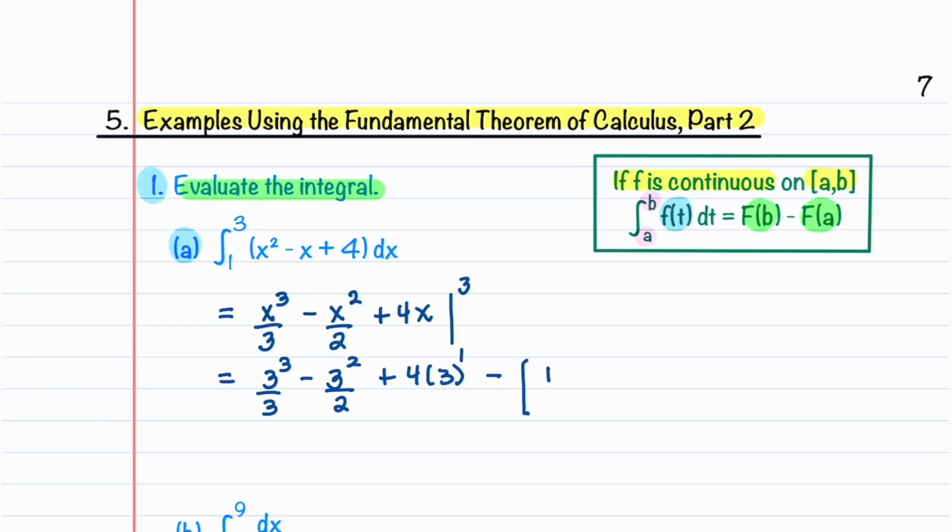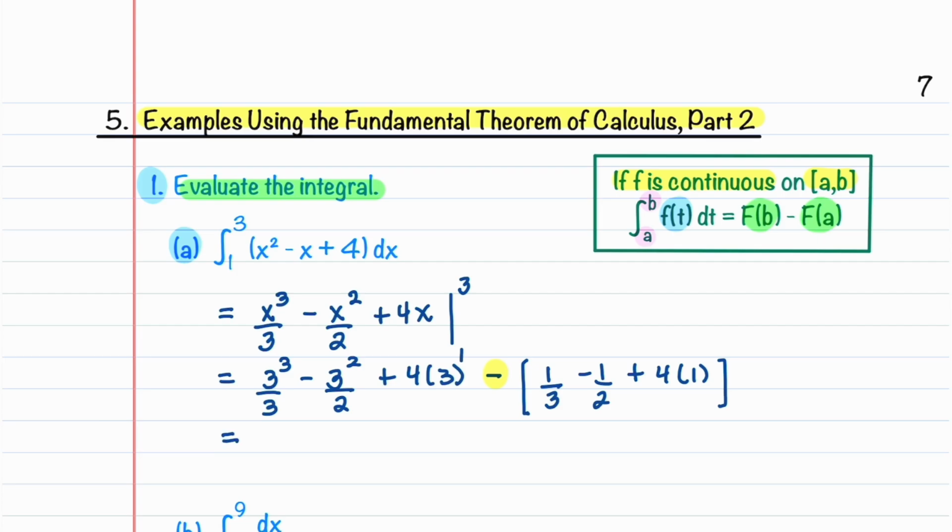So this is 1 over 3 minus 1 over 2 plus 4 times 1. The biggest mistake I see students make when doing this is to not distribute this negative to all three terms. That's why I like to write it like this first, because it helps to not forget that. Let's see what we have now.